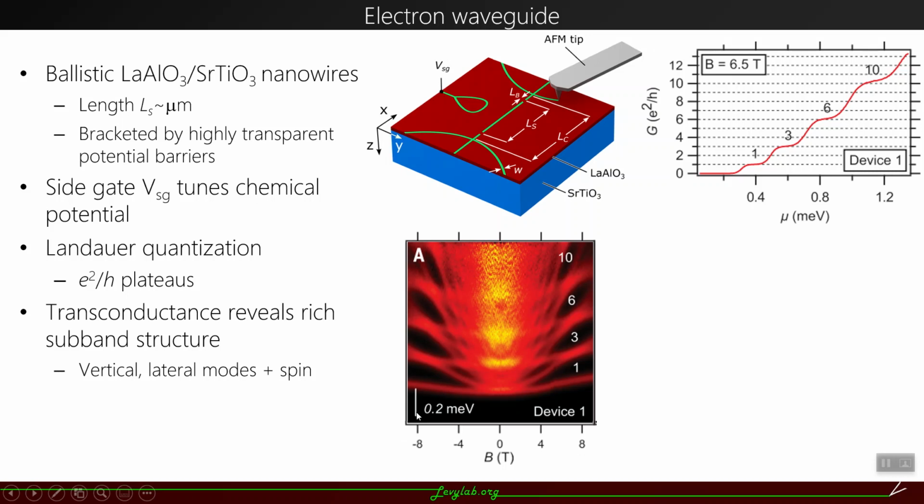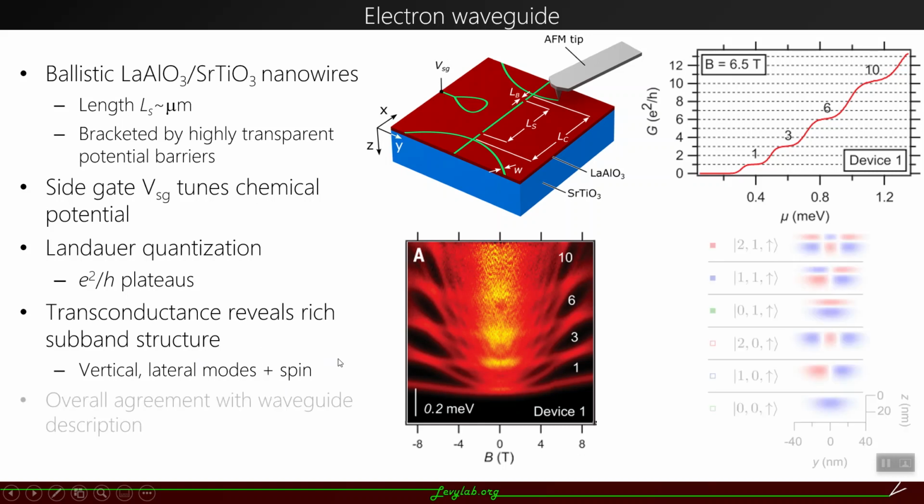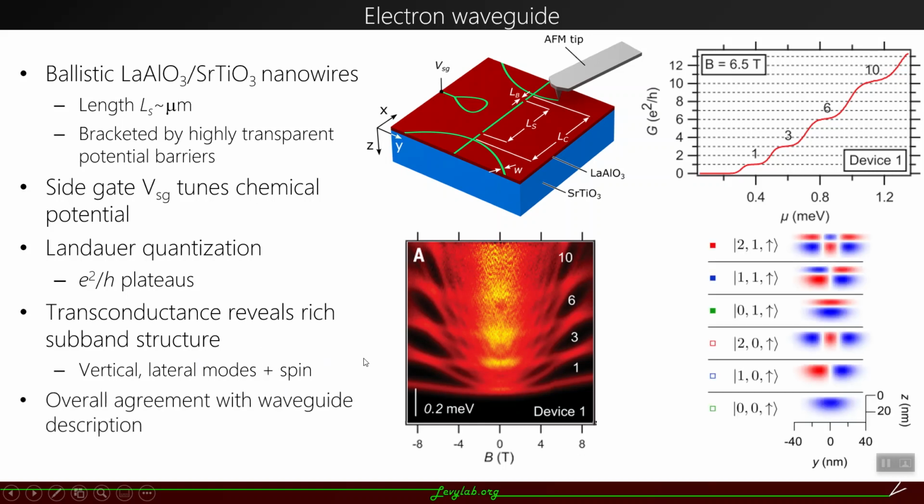Here is the transconductance as a function of chemical potential and magnetic field. The transconductance data reveals a rich subband structure which can be understood as vertical and lateral modes as well as spin degree of freedom, which is in overall agreement with the waveguide description.